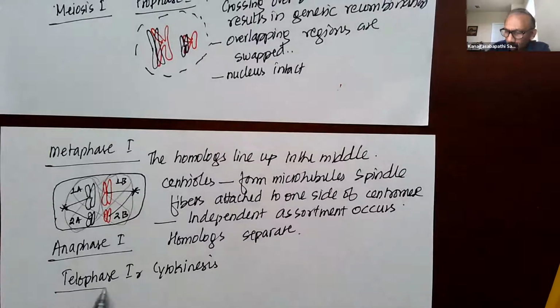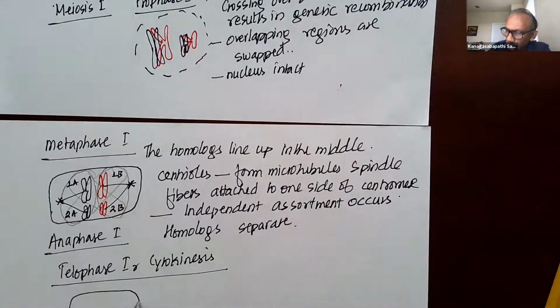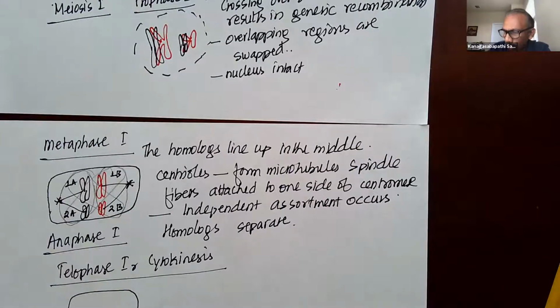After this is done, you have 2 cells, and each of them has only one set of chromosomes.